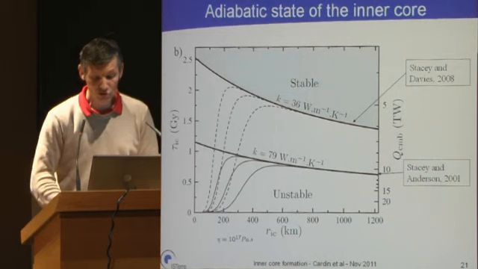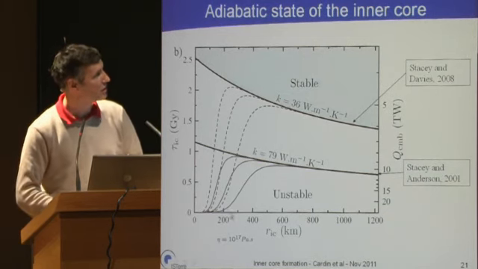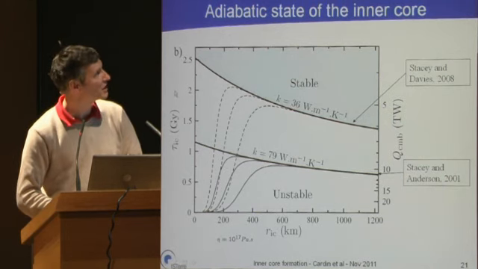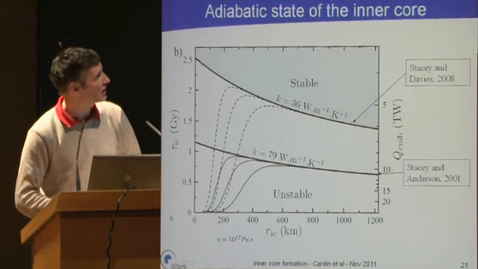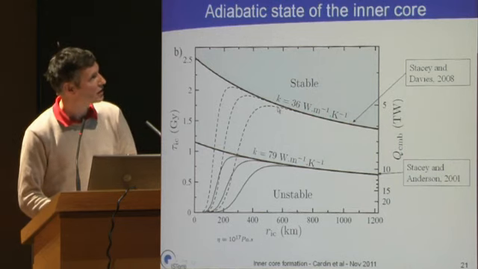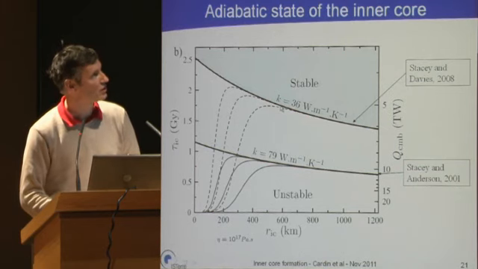So we are able to produce such graphs where you have here the radius and here the age of the inner core. As I said, the age of the inner core is connected to the heat flux. And I plot here two curves for two different thermal conductivities of iron.